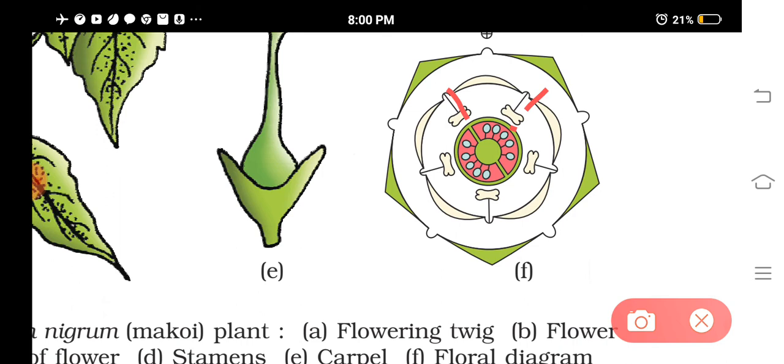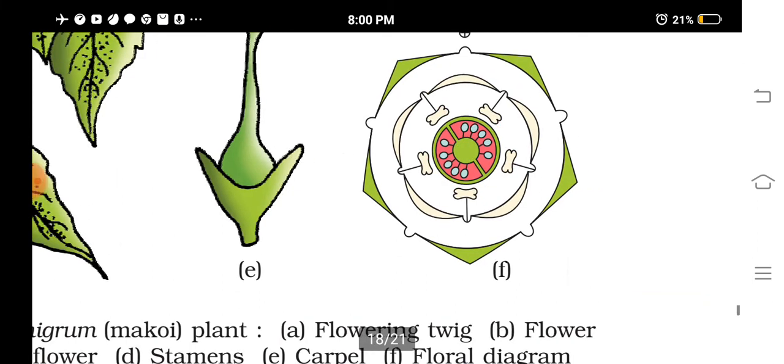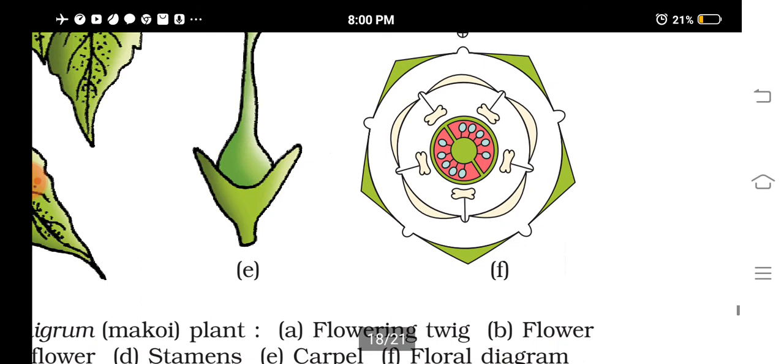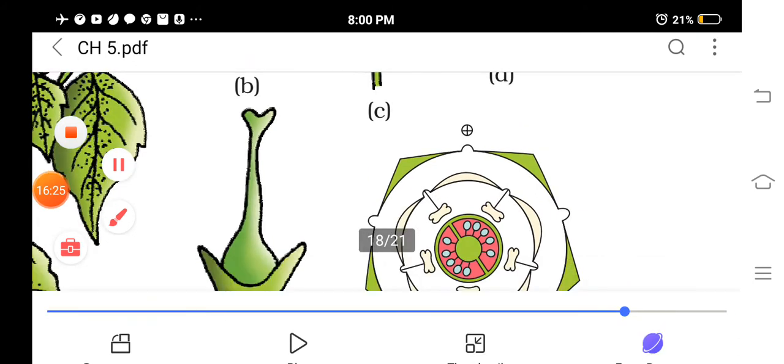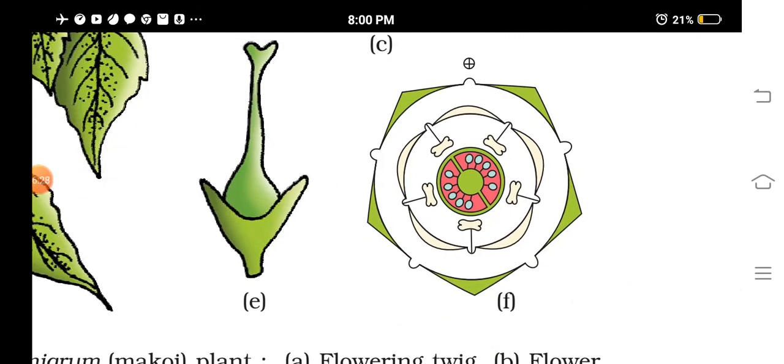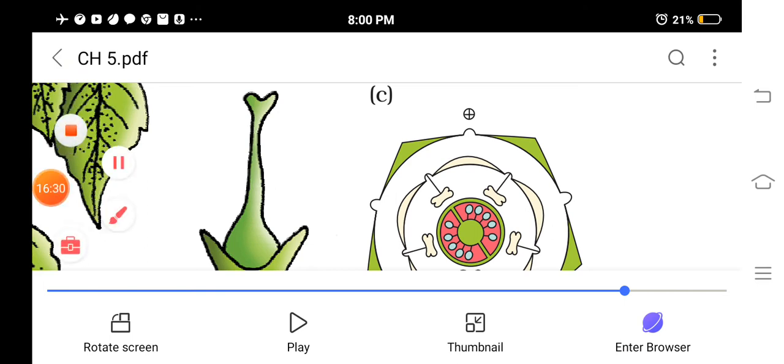Understood? Then gynoecium, you can see 2 chambers are there, and a little bit swollen placenta. Placenta is swollen, and around that only many seeds are arranged. You can see that the gynoecium is arranged not in the correct direction, in the floral formula also you can see that the gynoecium is arranged in this way.